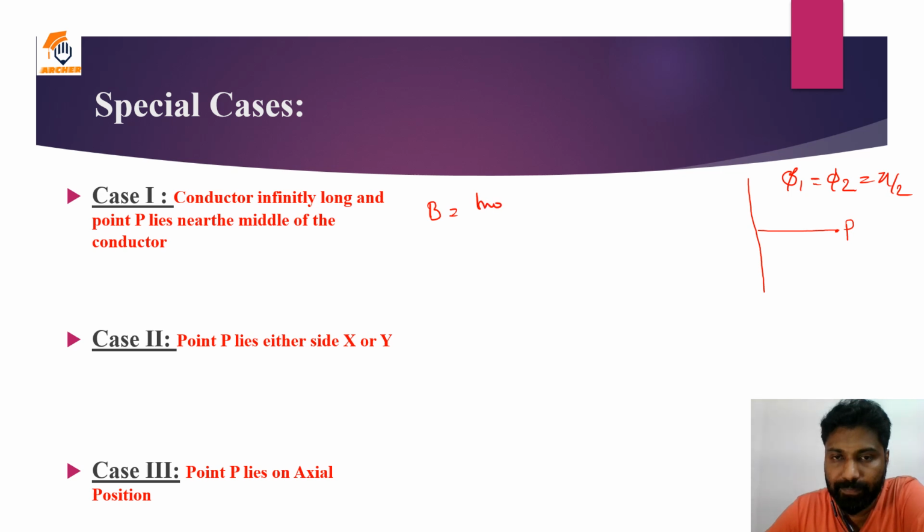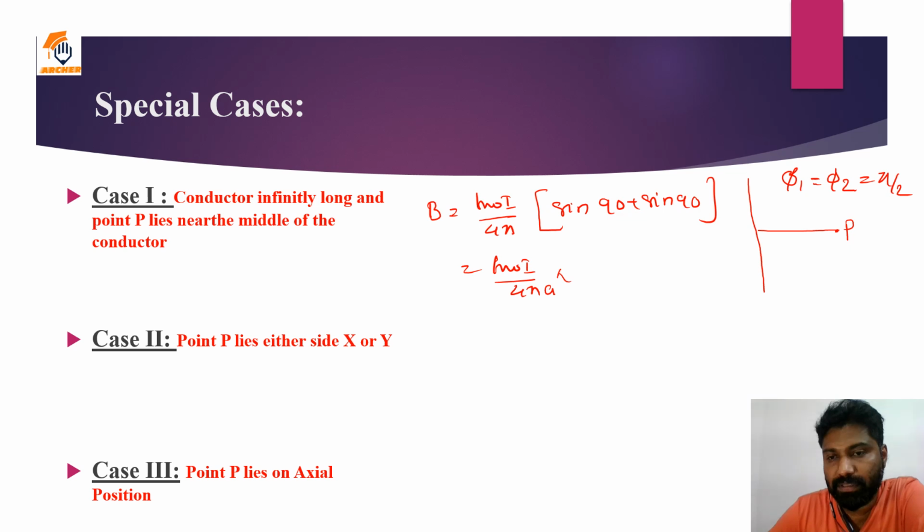Mu 0 I by 4 pi A times (sin 90 plus sin 90 degrees). So this will be mu 0 I by 4 pi A times (1 plus 1).